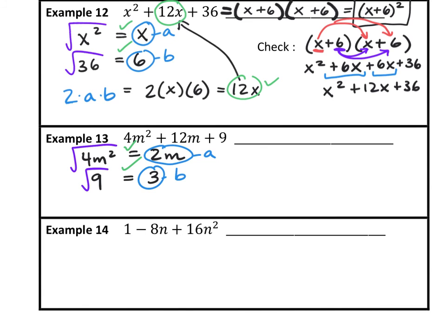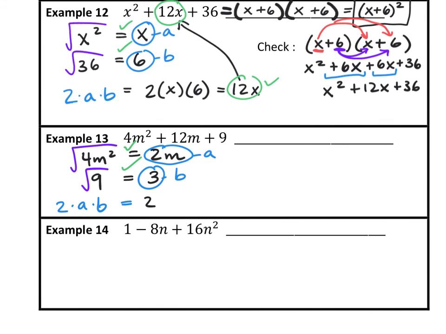Okay. The next thing I'm going to check for is, what do I get if I multiply 2 times A times B? Is that going to equal the middle term? Is that going to equal 12m? So let's check.